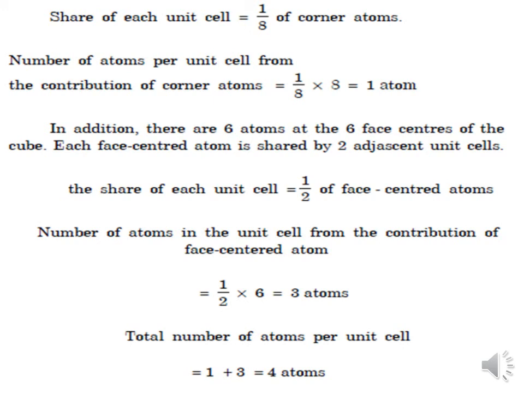Each face-centered atom is shared by 2 adjacent unit cells. Therefore, the share of each unit cell is equal to half of face-centered atoms. Therefore, the number of atoms in the unit cell from the contribution of face-centered atoms is equal to 1 by 2 into 6, 3 atoms. Therefore, total number of atoms per unit cell value is equal to 1 plus 3 equal to 4 atoms.